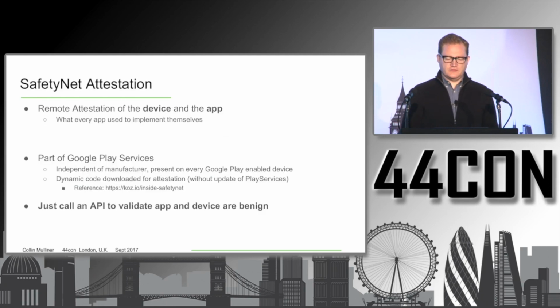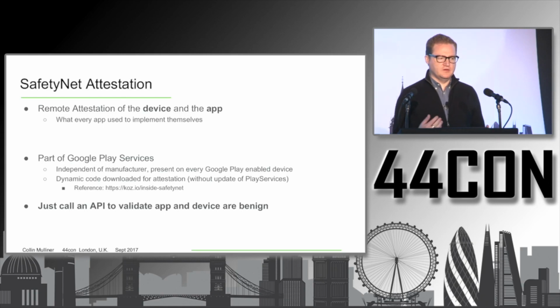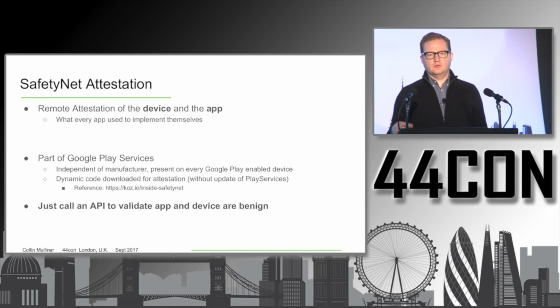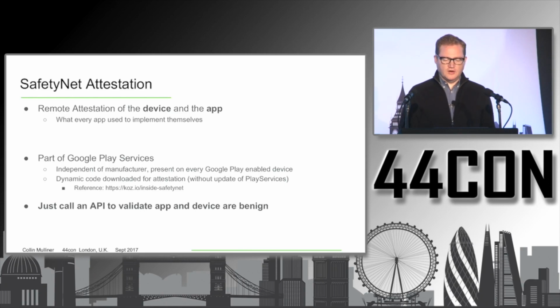So what is attestation? It's really about determining if your device or app was modified, and the idea is to not have developers build and develop their own checks anymore. And as I said before, it's part of the Google Play services. It's updated independently, so you don't have to update your Play services application, but every time you trigger a SafetyNet attestation check, it actually downloads code.